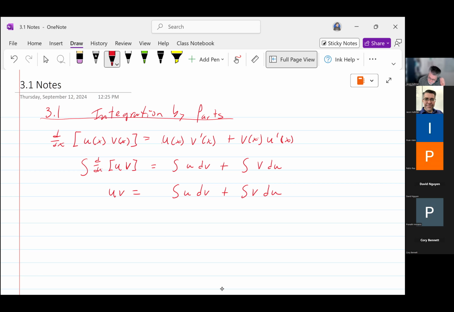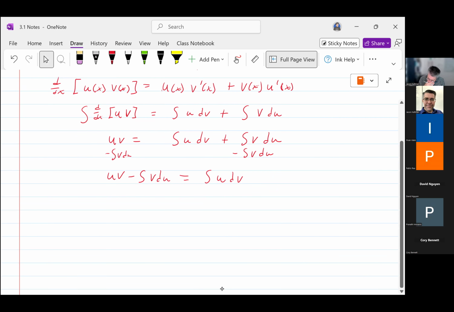Okay, subtracting v du from both sides, we obtain uv minus the integral v du is equal to the integral of u dv.